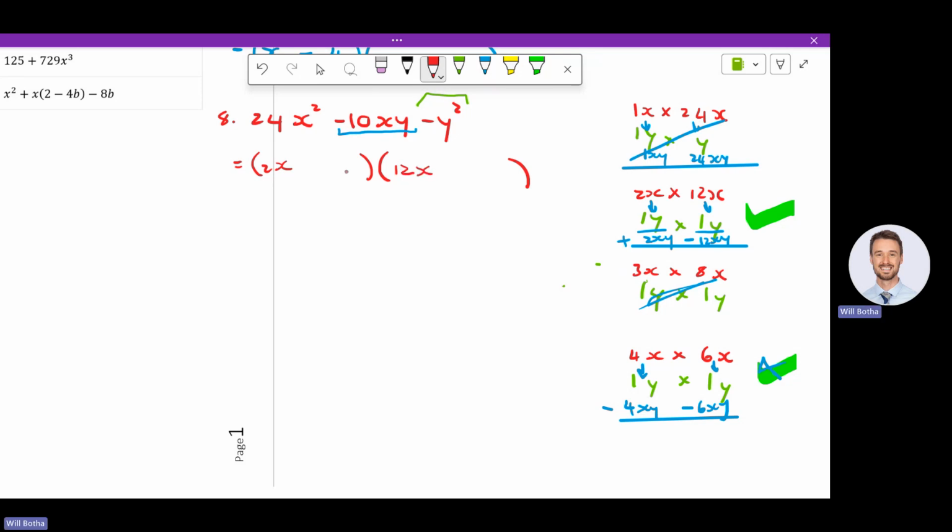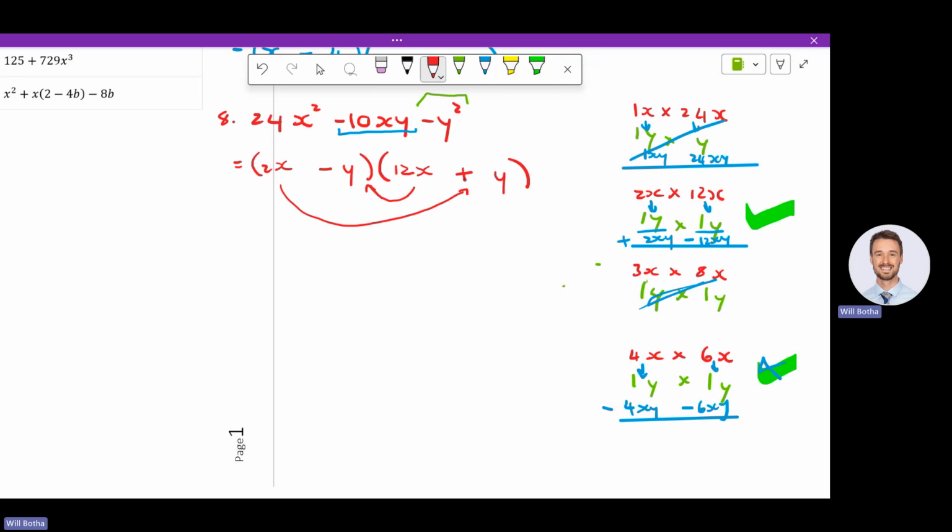I know I'm going to have 1y and 1y, and I want negative 12xy. Where's the negative one? Well, negative 12xy, so this bracket has to get the negative, and positive, what does this say? Oh, that's a y, sorry.